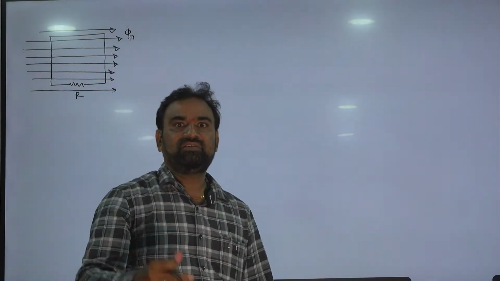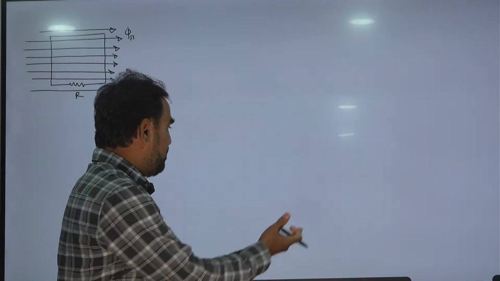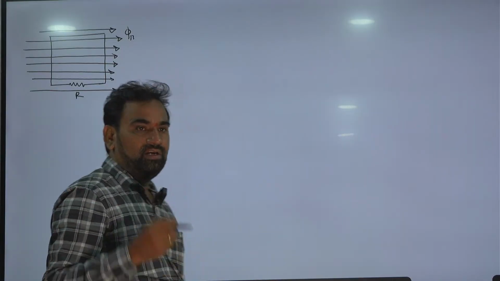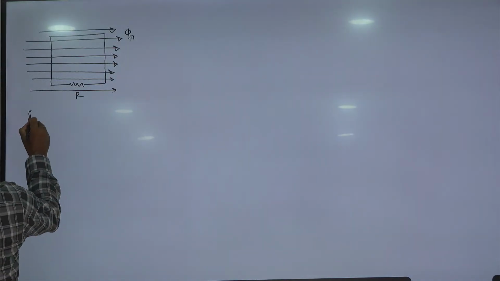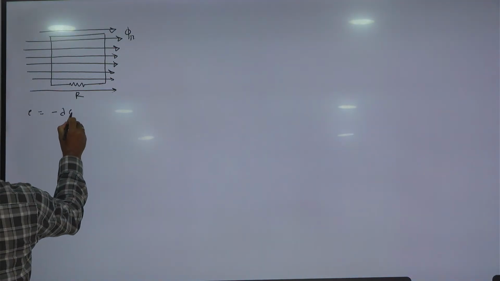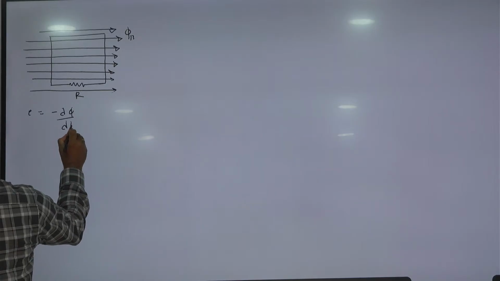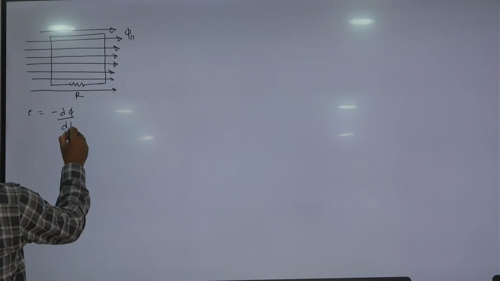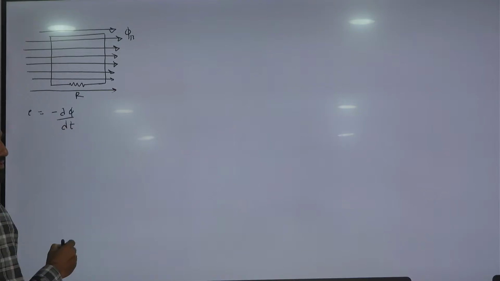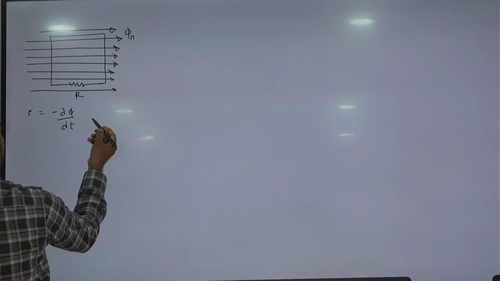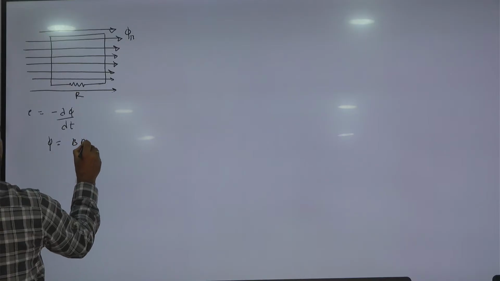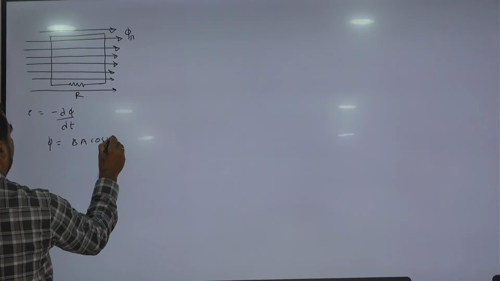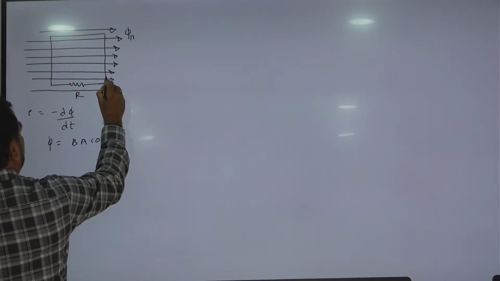An EMF is developed in that same coil, as we already know according to Faraday's law. According to Faraday's law, E is equal to minus d phi by dt. But what is the value of phi? We already know phi is equal to BA cos omega t if the coil has only one turn.